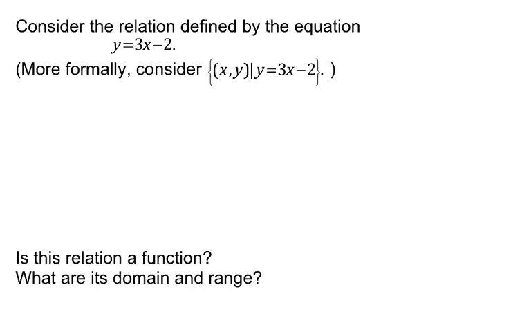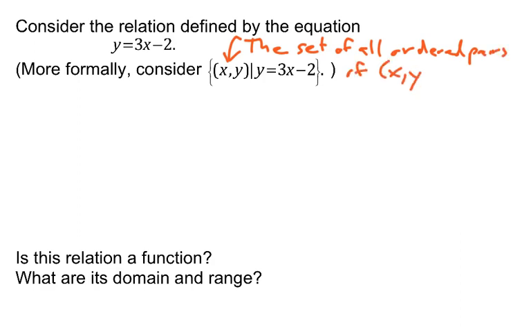The way you read this rather odd looking notation is: the set of all ordered pairs of the form (x, y) such that, and that vertical line is a shorthand in mathematics for the phrase "such that", y equals 3x minus 2.